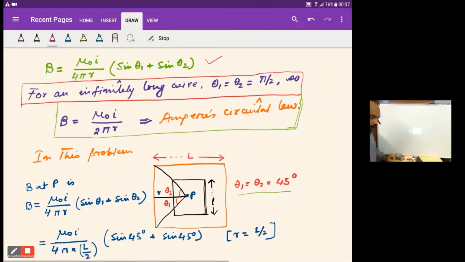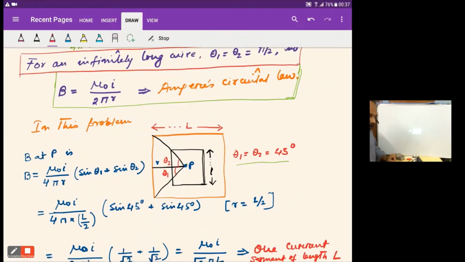So in this problem, our theta 1 and theta 2 are the same and the value is 45 degrees, as we can see from here, because it is a square loop and inside the square loop there is a small loop. We have to find out the magnetic field at the point P, and the point P is making angles theta 1 and theta 2 with the two ends of one of the segments.